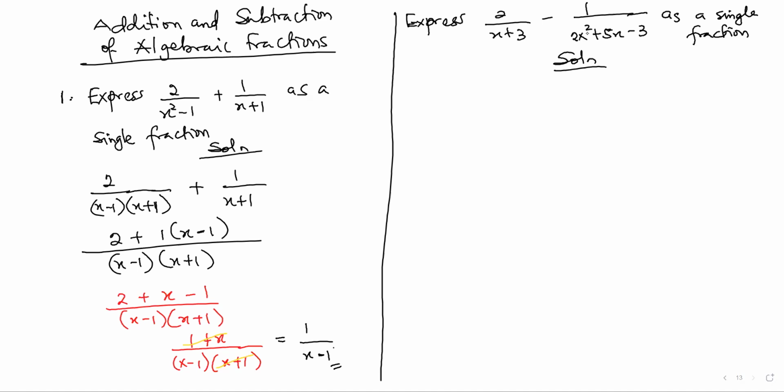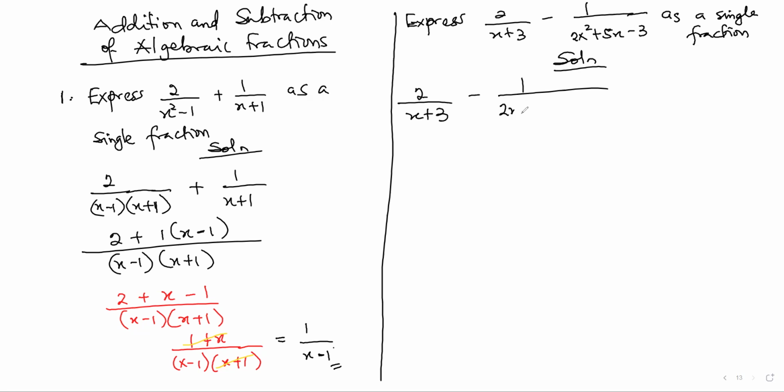Okay, so we have 2 divided by x plus 3 minus 1 over, we need to factorize the denominator here. So that would be 2 times 3, which is 6. Factors of 6, 1 and 6, 2 and 3. But we can use 1 and 6.